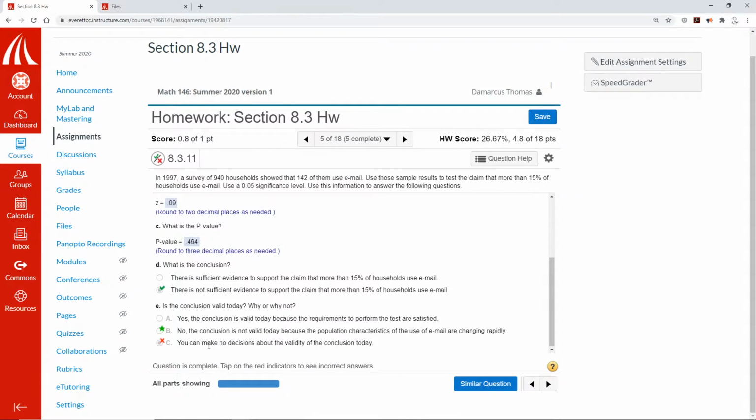But that's the same as saying you can't make decisions, because if there's no conclusion, then I guess the conclusion is that you can't make a conclusion. But I guess B is the better choice, actually. I didn't read it carefully.